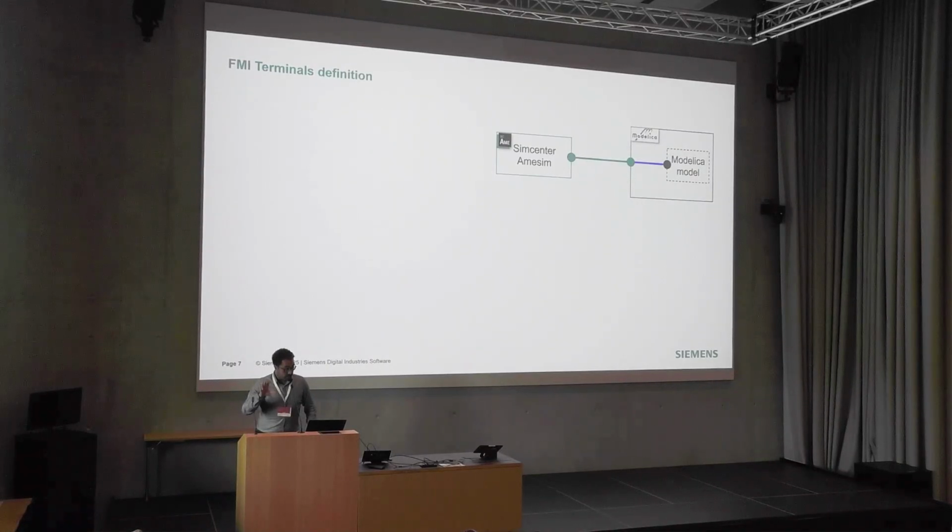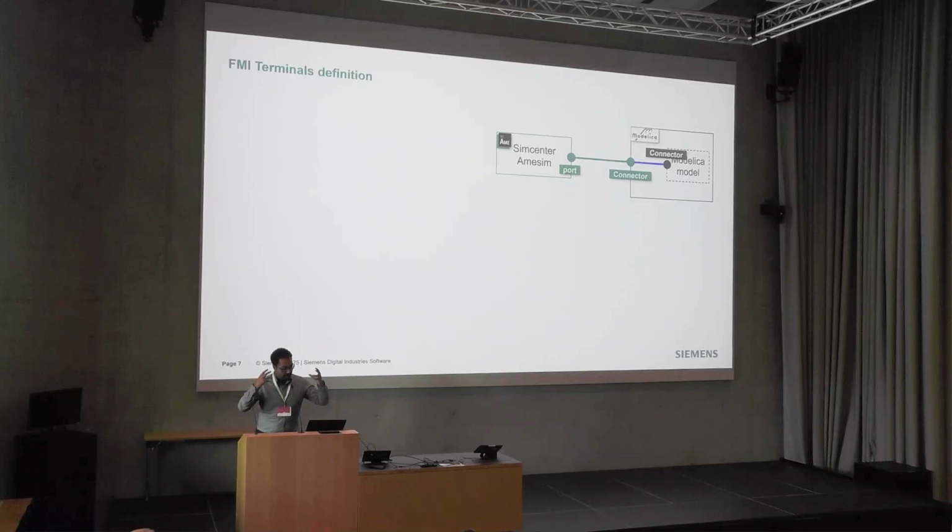Okay, so to create this hybrid or heterogeneous system, the first thing that we had to do is implement the FMI terminals concept in the specification that we used at this moment, so FMI 2.0. On the right, you can see a scheme with Simcenter Amesim on the left and a Modelica system on the right.